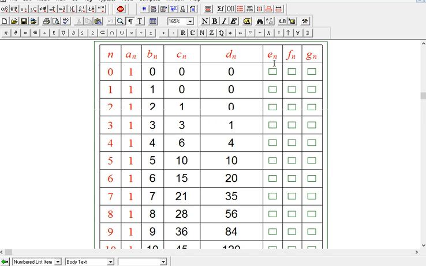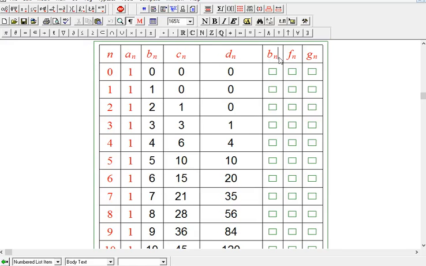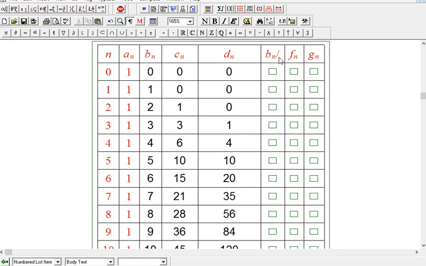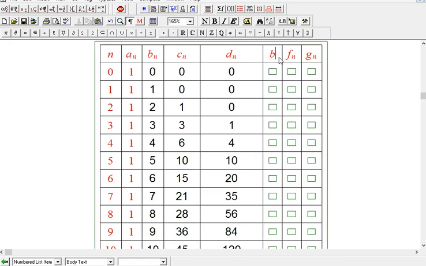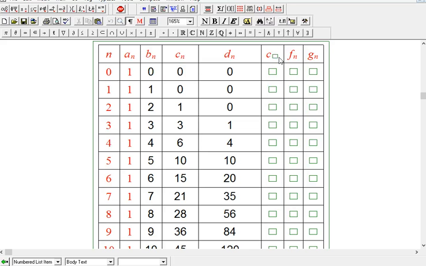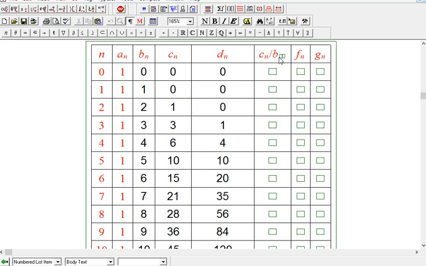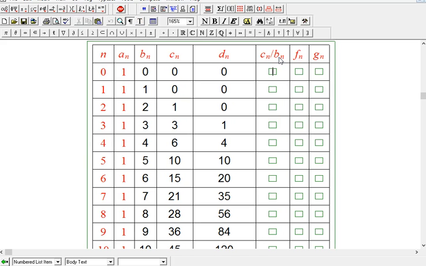Let me fudge this table just a little bit. B sub n over a sub n is really easy because it's just n. C sub n over b sub n: here it doesn't really make a lot of sense, 0 over 0, but we know those are kind of weird, so that's going to be 0.